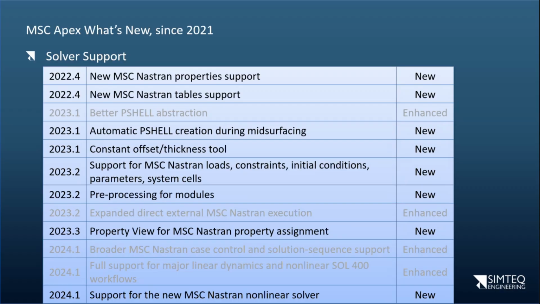Also in 22.4, new MSC Nastran property support, new MSC Nastran table support, better shell abstraction enhancements, automatic PSHELL creation during mid-surfacing, constant offset thickness tool, the support for MSC Nastran loads, constraints, initial conditions, parameters, and system cells. So you can see a lot of enhancements to support Nastran fully.